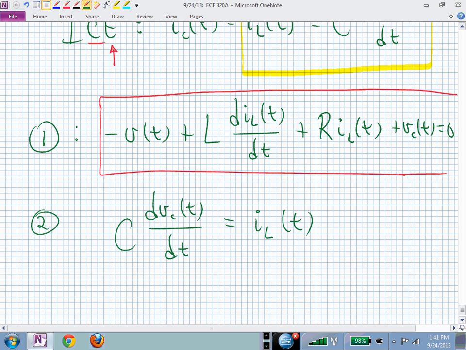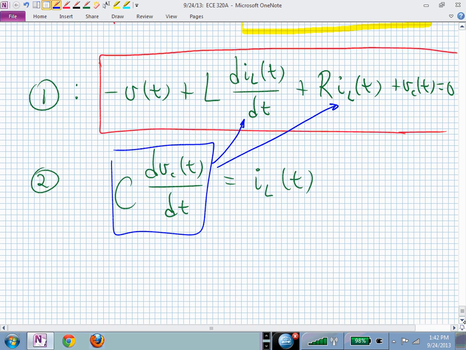And if I wanted to, I could now use this everywhere I have an I sub L, couldn't I? I can now say, I have minus V of t plus L times the derivative of that piece.